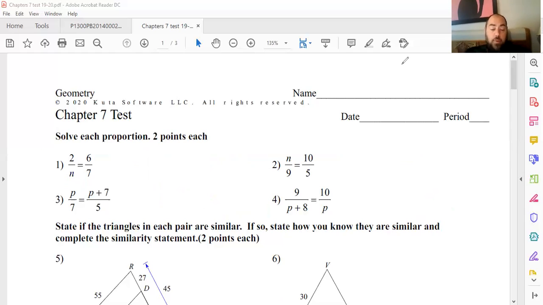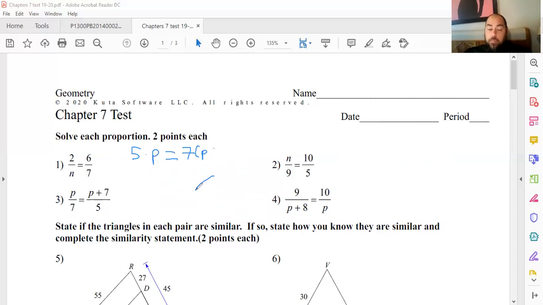So number 3. Here it gets a little bit trickier, because not only do we have a variable on both sides, but instead of just single terms, like p over 7 equals p over 5, we have p over 7 equals p plus 7. So that 7 is actually going to be multiplied by p plus 7. I'm trying to write a plus.